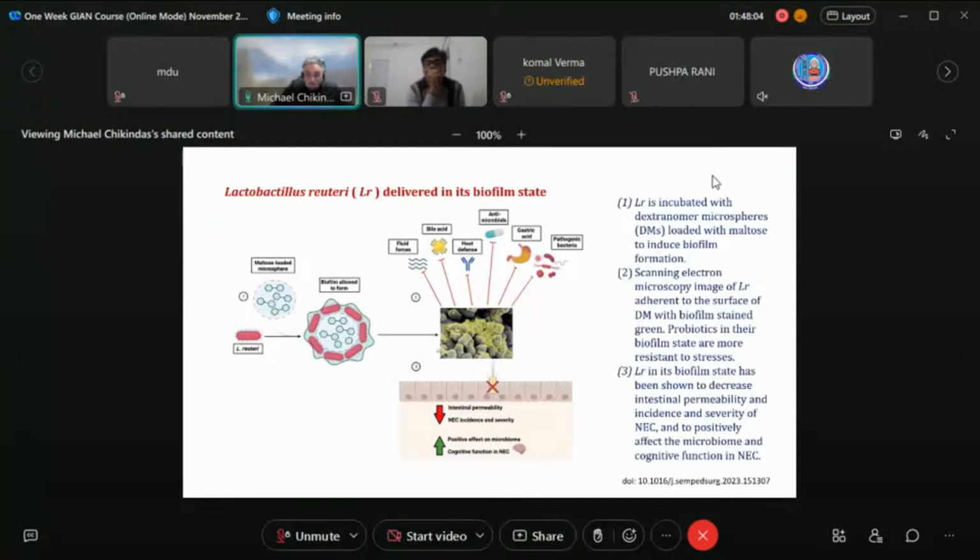They're beautiful and already attached to the surface of the microspheres, and probiotics in the biofilm state are more resistant to stresses. Finally, in the third figure, the biofilm state can improve intestinal permeability and integrity, and can also assist with the control of necrotizing enterocolitis cases.